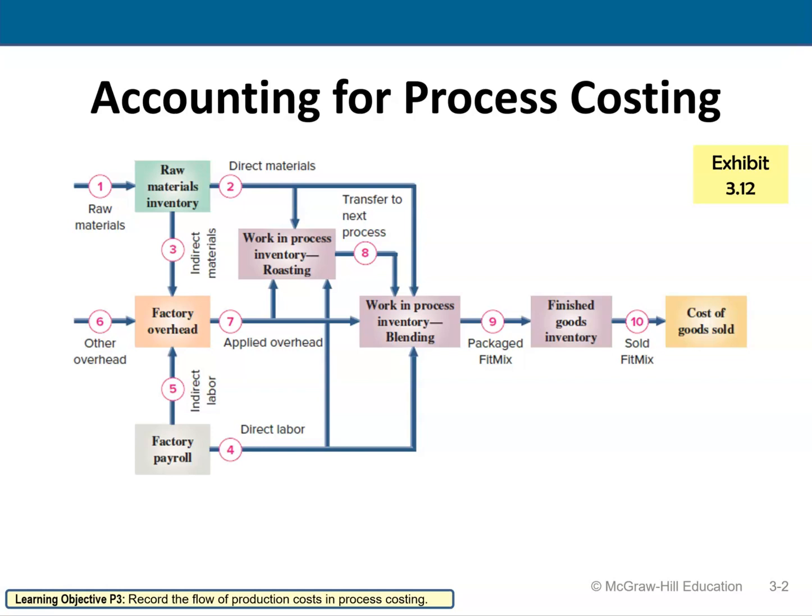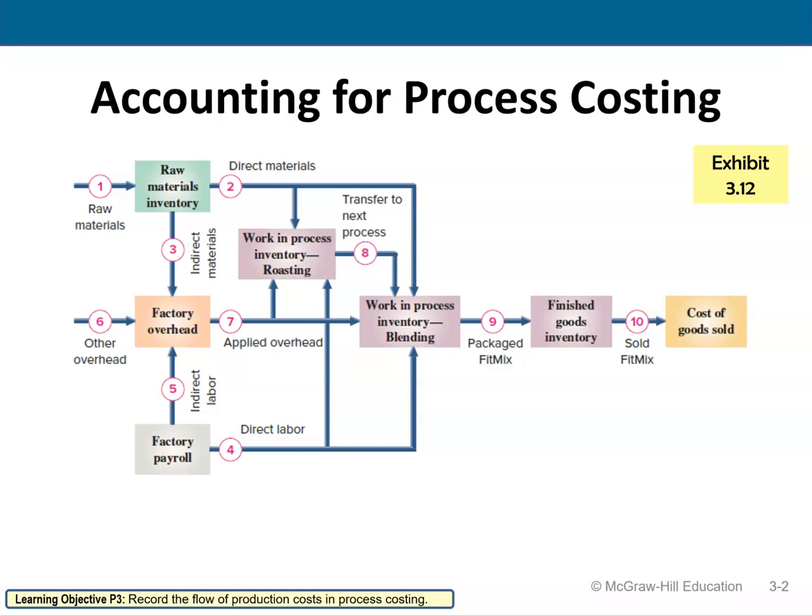What ends up happening is we buy raw materials and we then turn around and issue them as direct materials and indirect materials. Direct materials goes to work in process, depending on whether it's part of roasting or blending in this example, and we also apply it to overhead. Then we do the same thing with payroll.